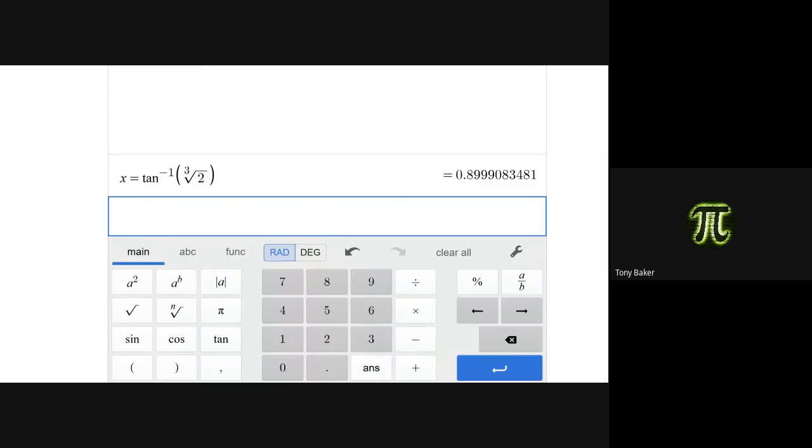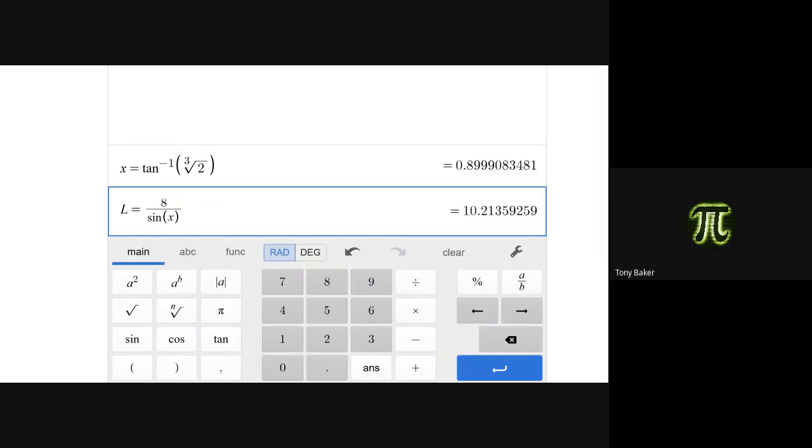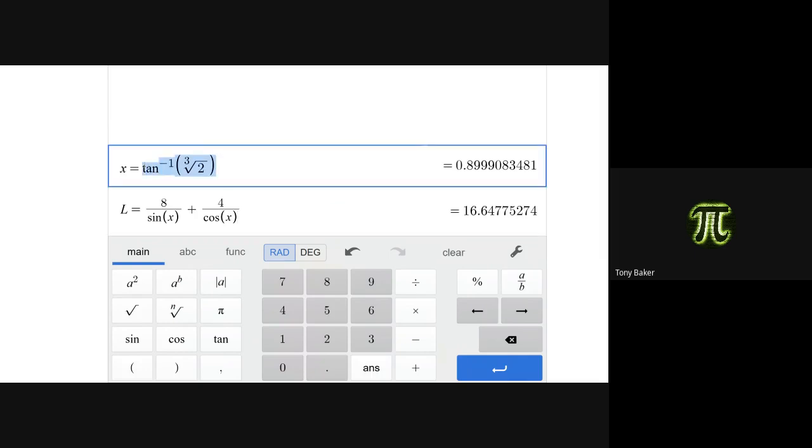And then I'm just going to type in 8 cosecant plus, right? 4 secant. So you don't have to type that in, because otherwise you'd have to type that in for both of the X's.